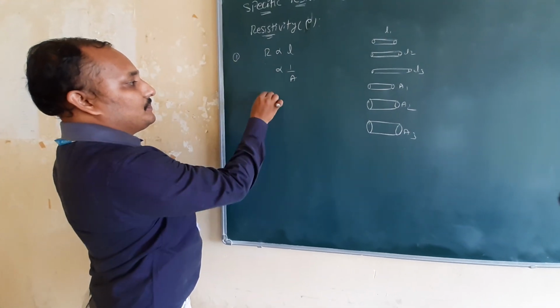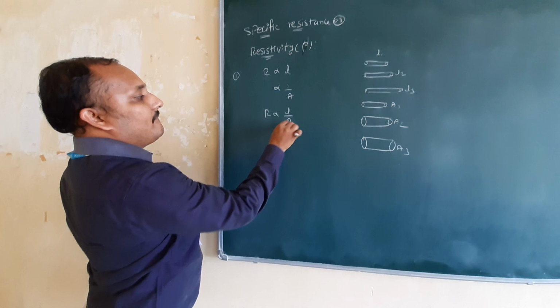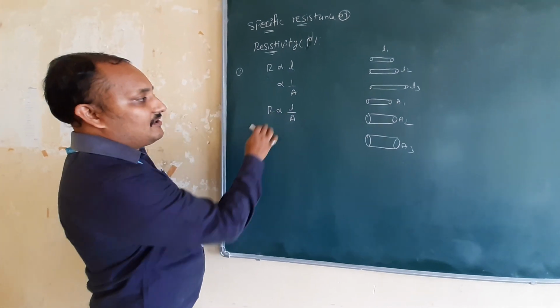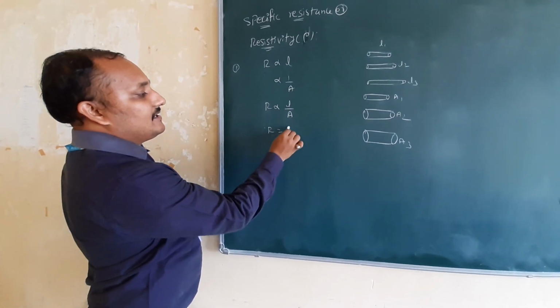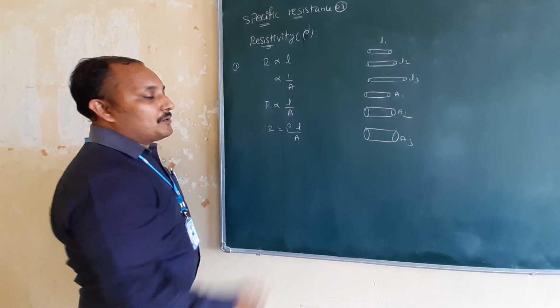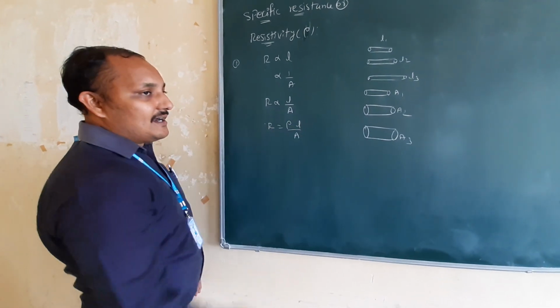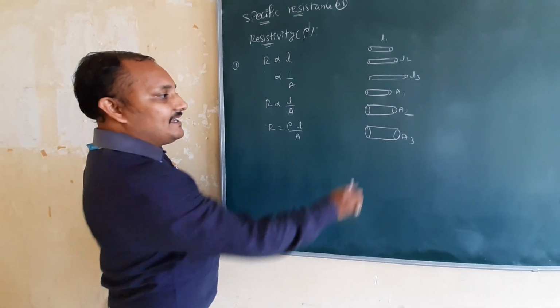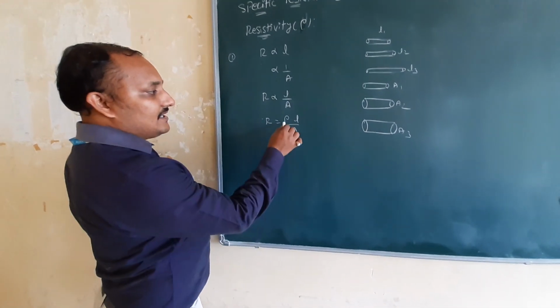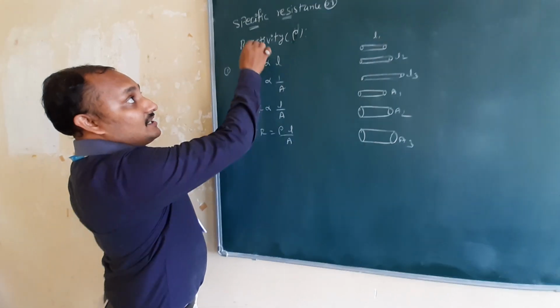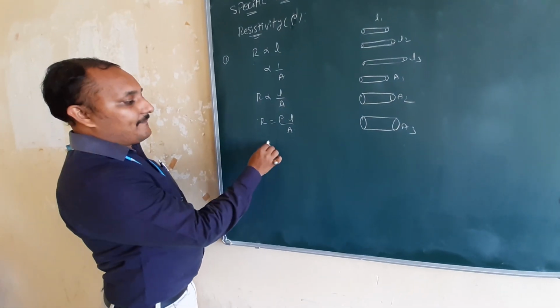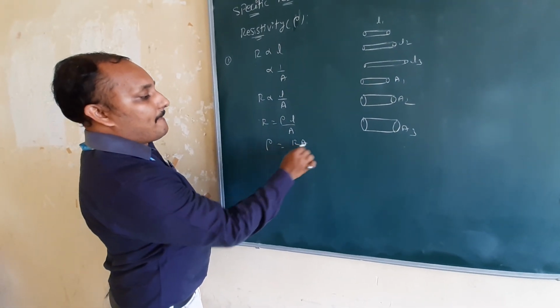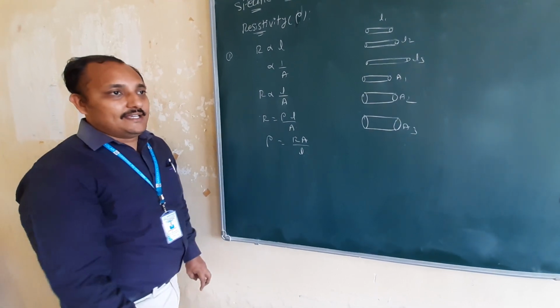If you combine these two and remove the proportionality constant, we will write R is equal to rho L by A, where rho is called resistivity or specific resistance of the given conductor. How do we define it? Rho is equal to RA by L.